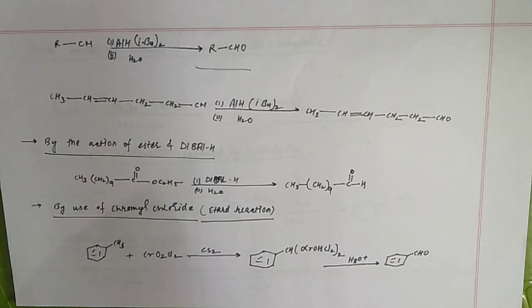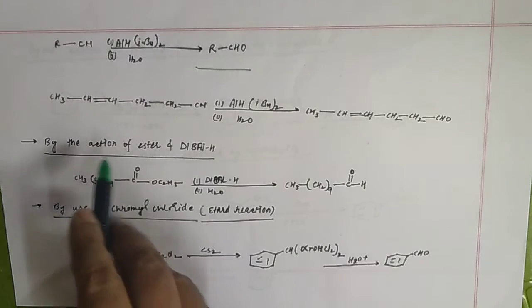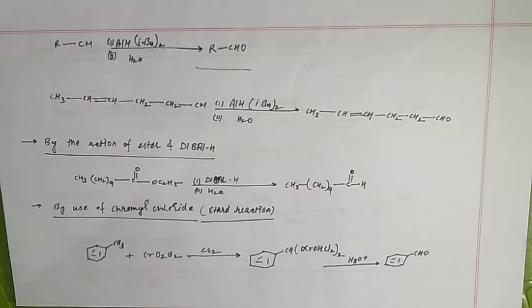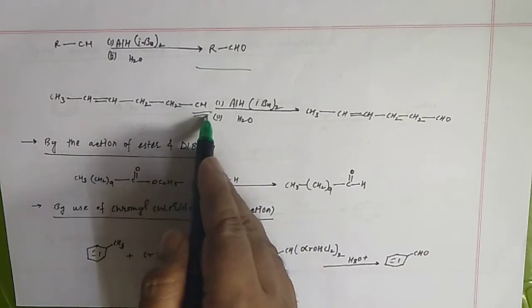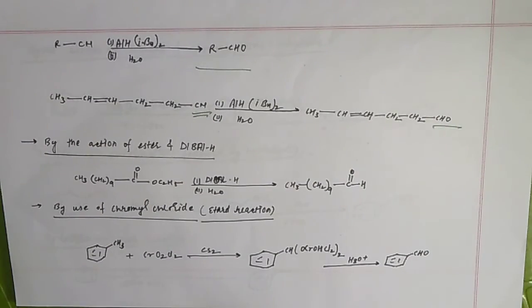So to prepare the aldehyde from alkyl nitriles, either you use the Stephen reaction, or you can use diisobutyl aluminum hydride. Diisobutyl aluminum hydride does not interfere with the double bond. It only reduces the CN group to CHO.